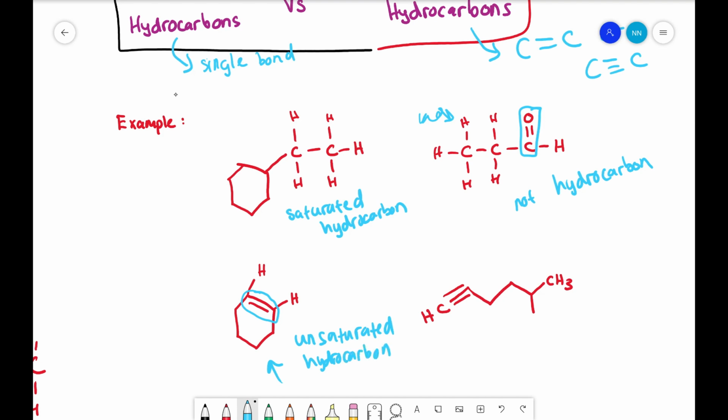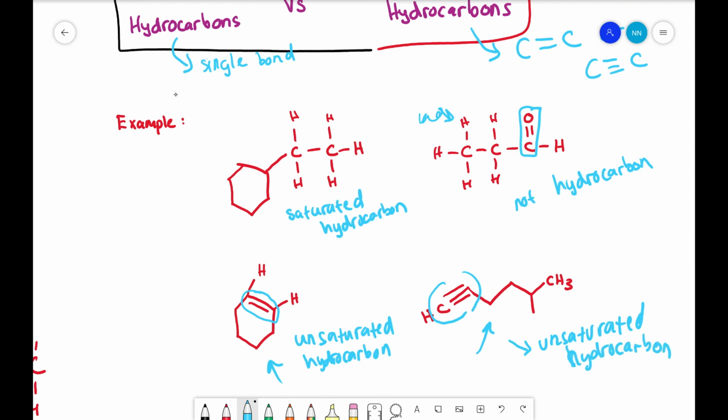Now next, let's look at this structure, and as you can see, the structure has single bonds and one carbon-carbon triple bond. If you have at least one carbon-carbon triple bond, then this is known as an unsaturated hydrocarbon.